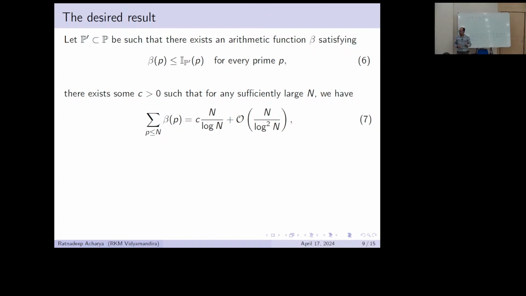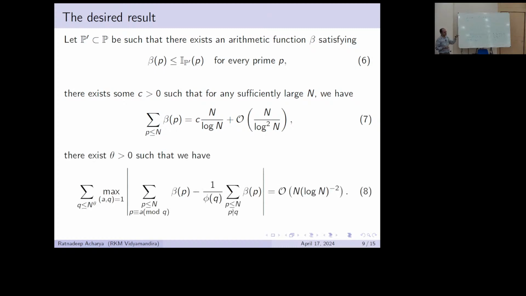However, the third one is difficult to prove in general for some p prime of particular interest. Of course, as we can guess from our previous discussion, the level of distribution is connected with the gaps between primes.